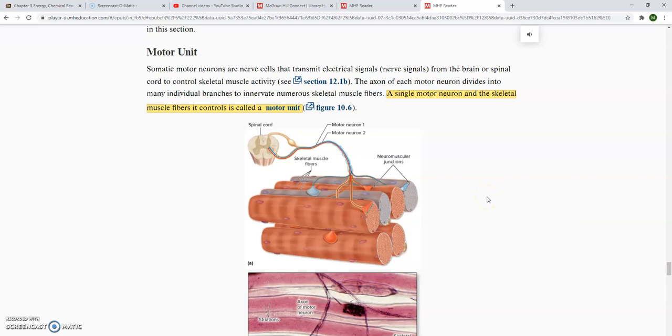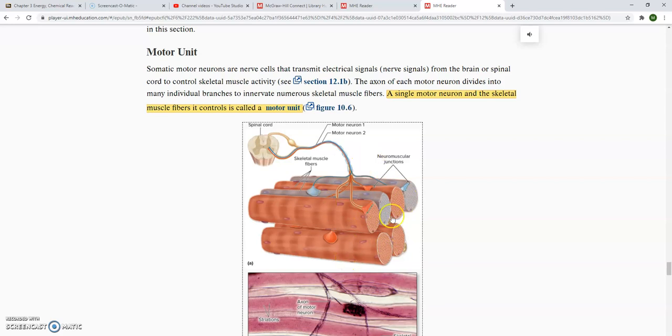But if we need more force generated, then what will have to happen is we'll need more of these motor units stimulated. That way we get more of our skeletal muscle fibers activated to contract.